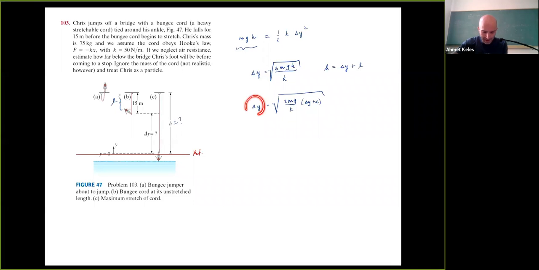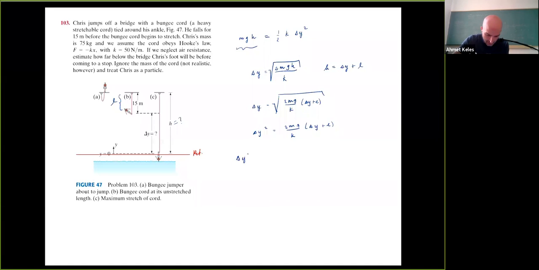So I have y here and delta y here, but I want to find delta y. How do I pull this delta y out? Square both sides, right? Okay, good. So delta y squared is equal to 2mg over k times delta y plus L.